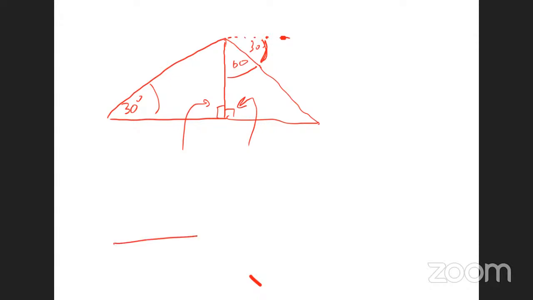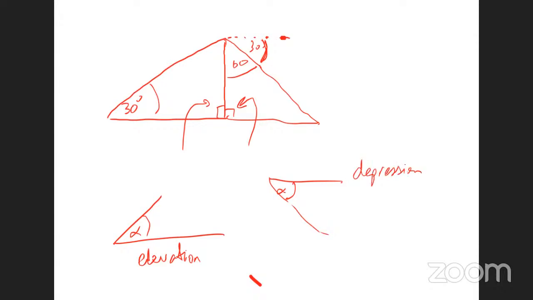Again, looking up from the horizontal, elevation. Looking down from the horizontal, depression. Okay with that? I wanted to go over that because I didn't get to do a question on it.